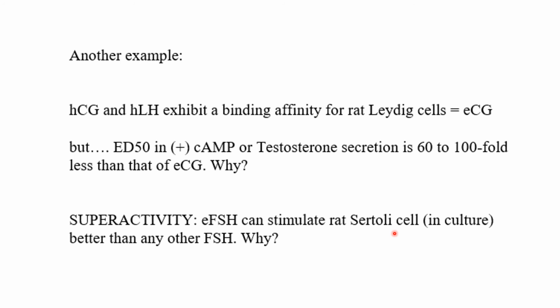So if we got rat Sertoli cells in culture, and we give equine FSH and other species FSH, equine FSH can stimulate rat Sertoli cells in culture better than any other FSH. Why? Because their sugar side chains are more efficient at stimulating that transmembrane signal to activate what goes on inside the cell. So all I'm showing you is that the sugar part of these glycoproteins is extremely important. So the answer to both questions is the same.